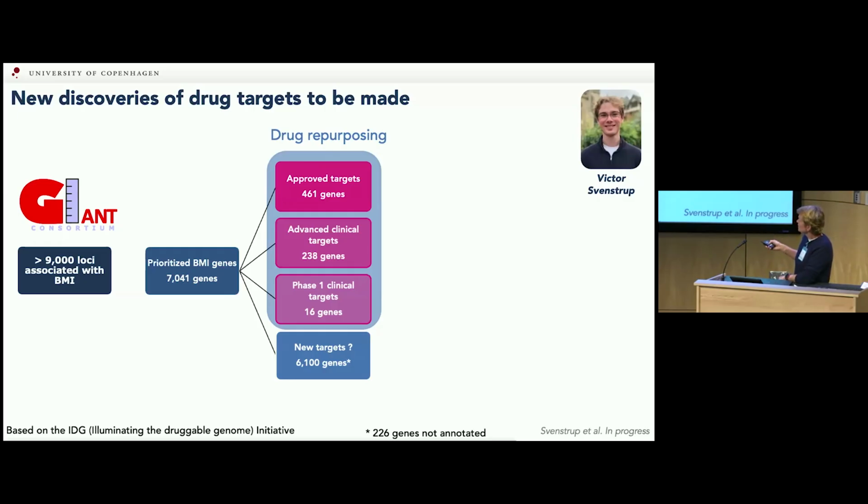So the question is, how many of these drugs that are approved or in the process of approval could be used for repurposing in the context of weight loss? And then among the new genes that are currently not a target for current drugs, how many could be new targets?